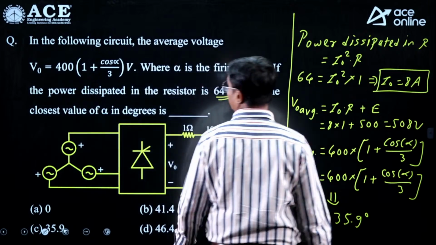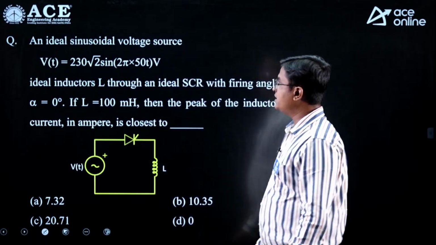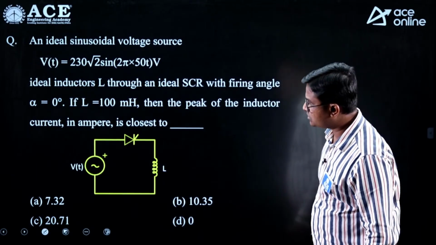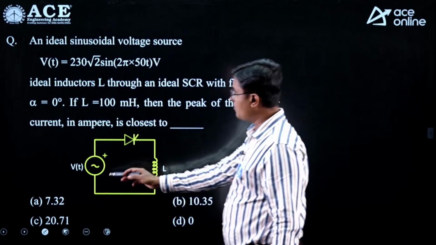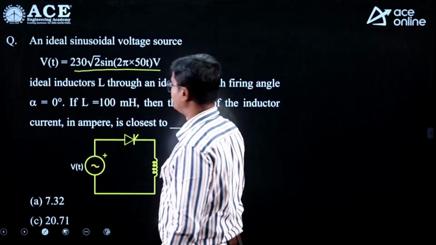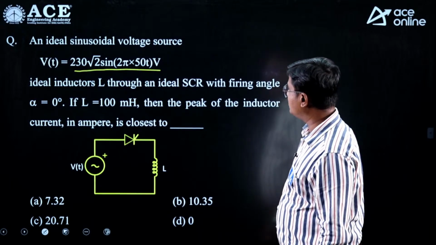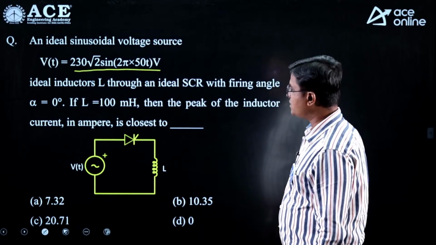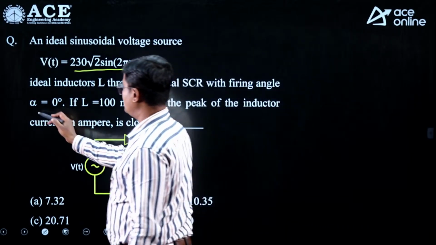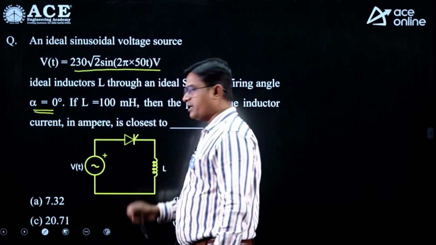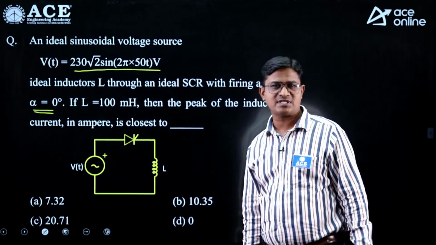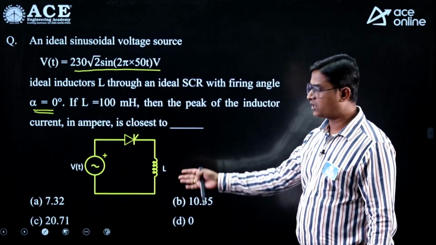Next. An ideal sinusoidal voltage source V of t. So supply voltage is sinusoidal, 230 root 2 sine of 2 pi into 50 t volt, connected to an ideal inductor L through an ideal SCR with a firing angle alpha of 0 degree. So now here the load is purely inductive. It is a simple single phase half wave controlled rectifier with purely inductive load.